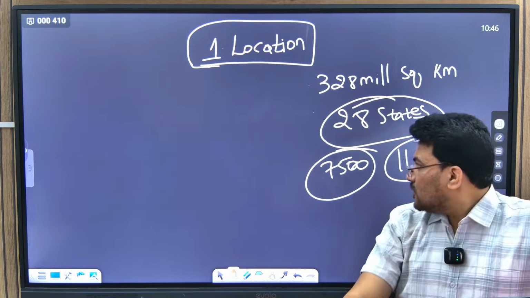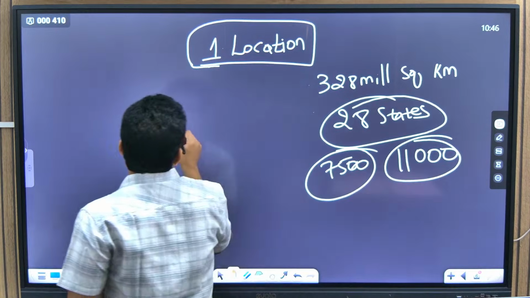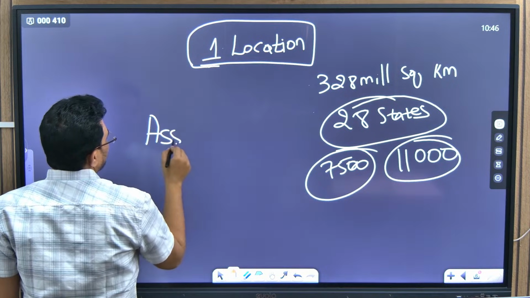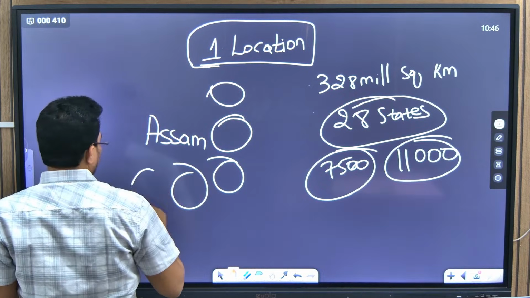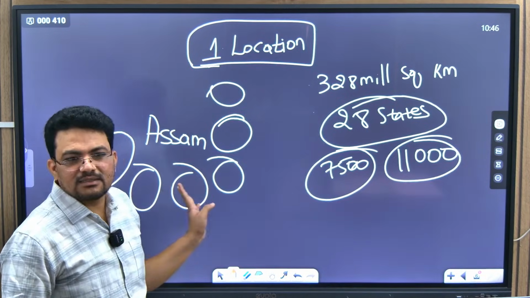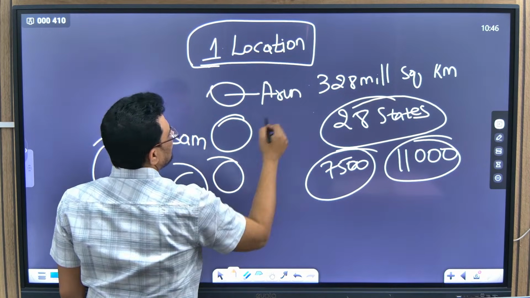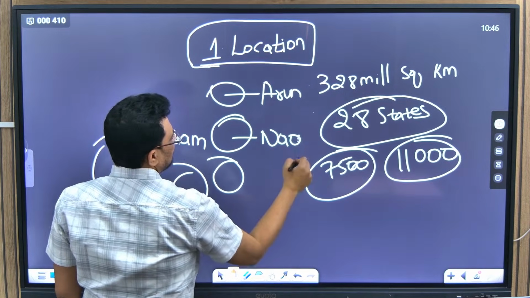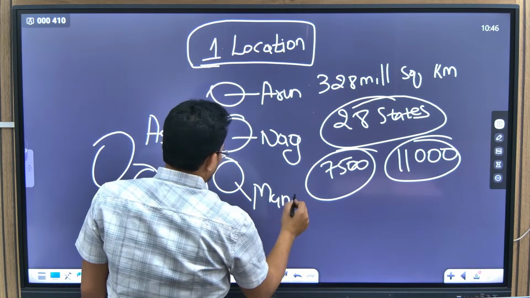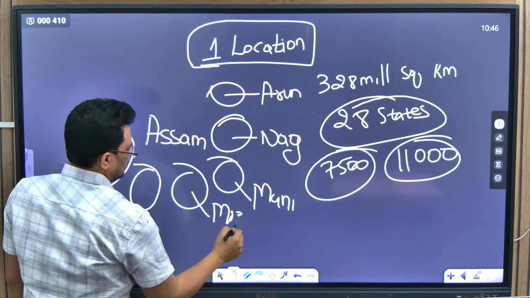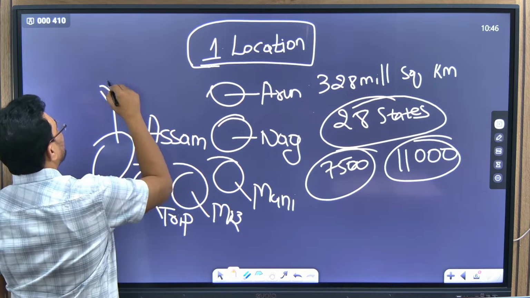Okay. So can you arrange these northeastern states? For example, Assam is there. So what are these states? This is Manipur. This is Meghalaya.